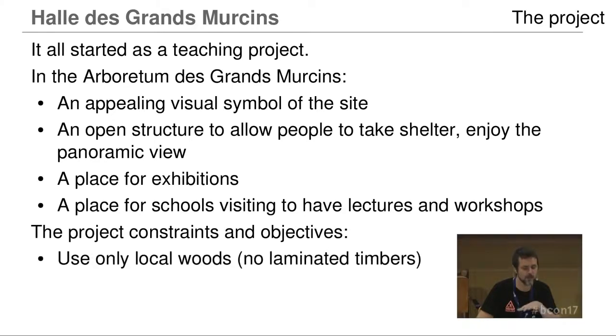There were some constraints. In the arboretum, they have trees, so one of the constraints was to use the trees of the site. It was very interesting for me because I work in ecological buildings, and I will never make a more perfect project for that, because the wood was taken on the site and did only 15 kilometers by truck to go to the sawyer, the person that saws the wood, and then it came back to the site.